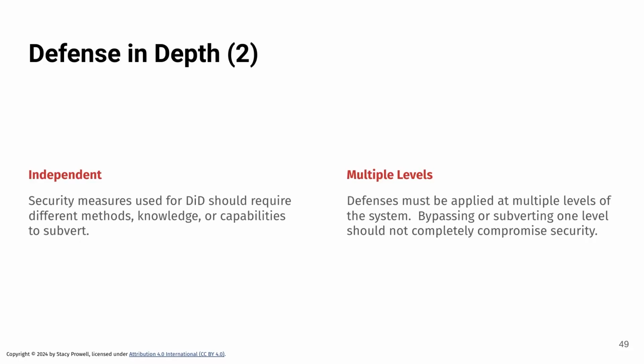Security measures used for defense in depth require different methods, knowledge, or capabilities to subvert. And defenses are applied at multiple levels of the system. So bypassing or subverting one level does not completely compromise security of the entire system. It maybe lets you advance a little bit, but then you're going to encounter new resistance from new types of defenses.